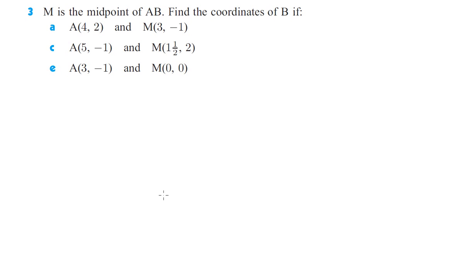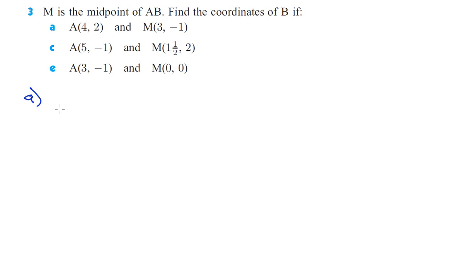Okay, next problem. Number 3. M is the midpoint of AB. Find the coordinates of B if they give you these things here. So there's a couple ways, really several ways to do this. I'm going to try it this way with you. Let's just say, I'm not even going to worry if the graph looks right or not.